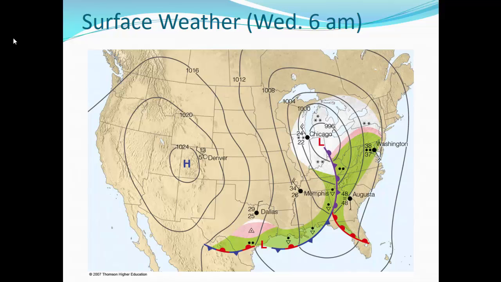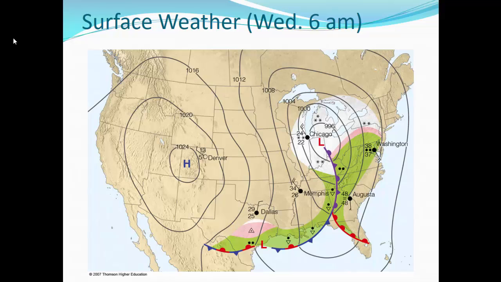And then along the cold front, as we go down into Augusta, Georgia, we have showers and thunderstorms along the frontal boundary, snowfall to the north of the low, and rainfall extending north of that warm front. Pretty typical late stages of a mid-latitude cyclone, and very similar to what we see move across the country during the fall and the wintertime periods here in North America.